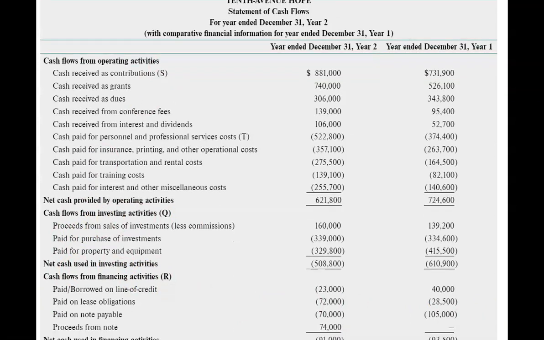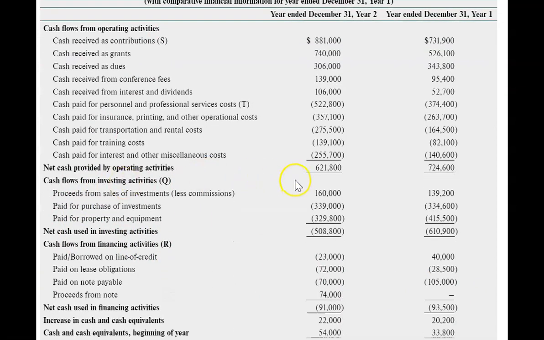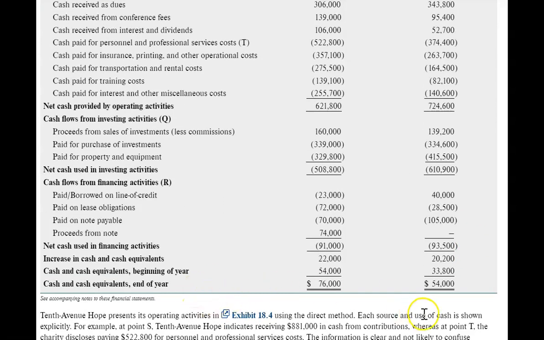And it's good to see, of course, positive cash flows from operating activities. And you can also compare from the previous year to the current year how the amount of cash has changed, and this cash balance will match with the cash they report on their statement of financial position.